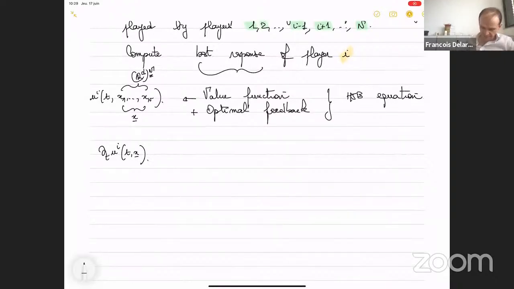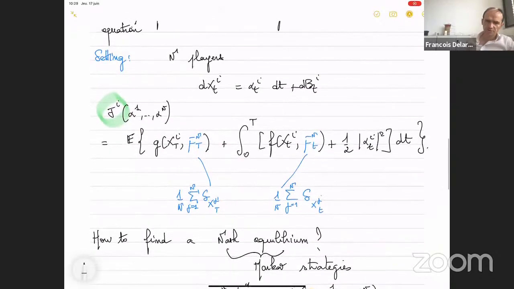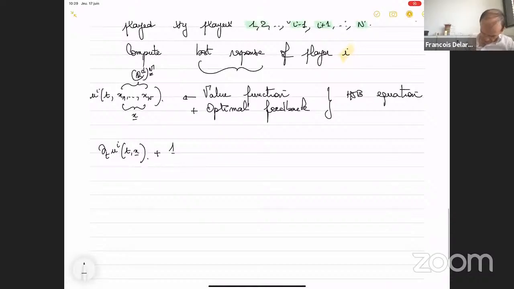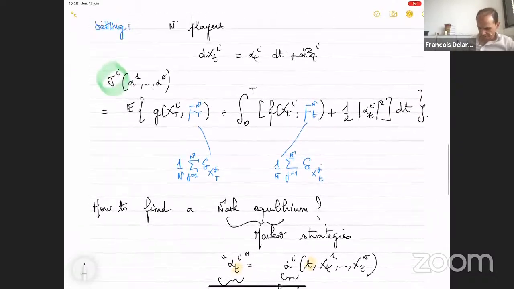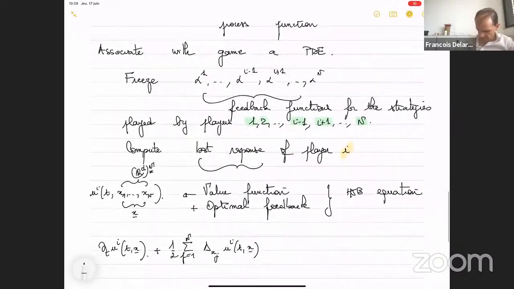And so I would have the time derivative. Then I notice that all the players are driven by independent Brownian motions. So I should get one half the sum of Laplace operators acting in the coordinate xj on u^i(t, x underline). And then I understand that there is a drift, so I have to account for the drift.